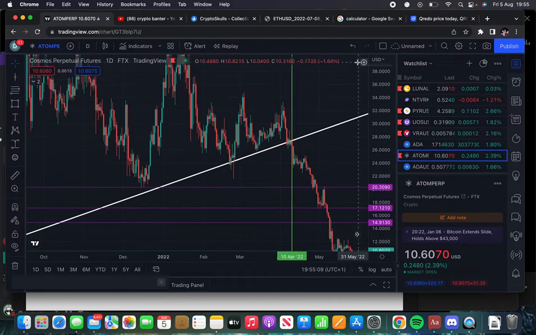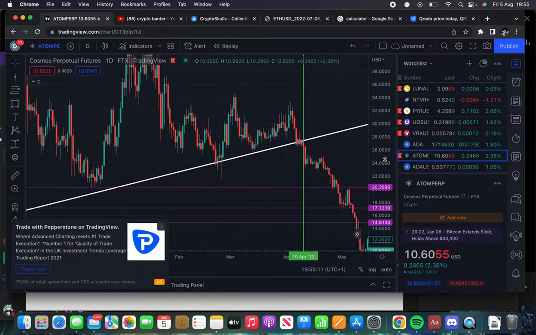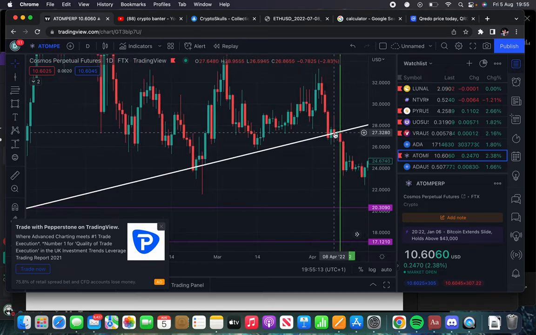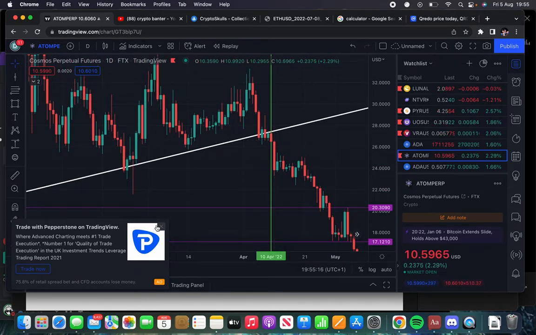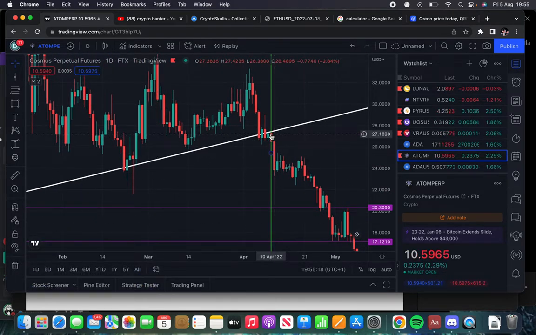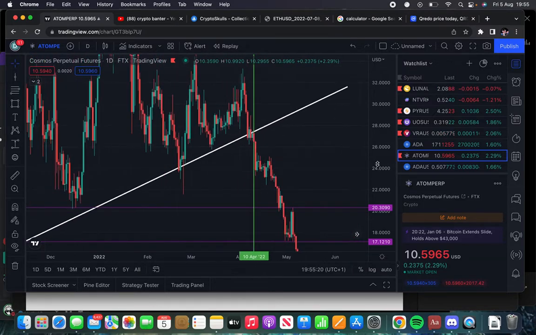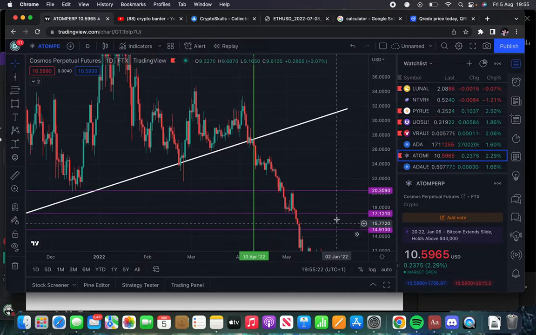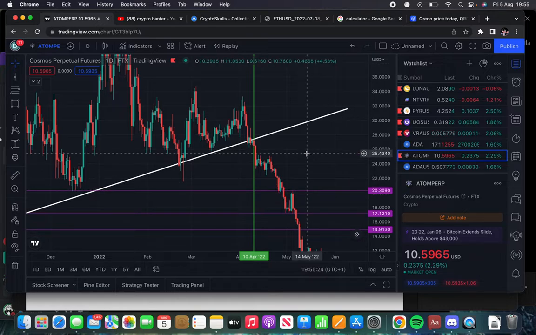Saw it break out, went for the retest around here, and again I did the same thing. I mapped out the possible targets, and it really scared me, not gonna lie. So I sold there, and look what happened.